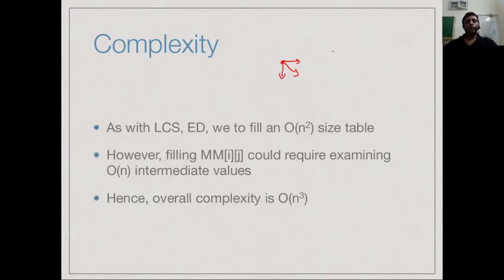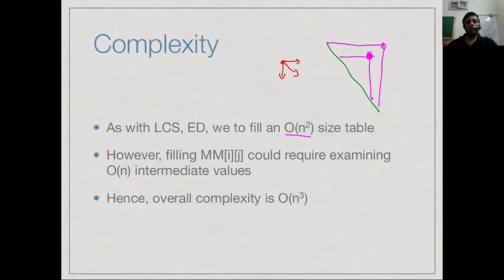Now here what happens is that when I'm above the diagonal at some distance, in order to fill this entry, I need to scan this row and this column, right? So the amount of time it takes to fill one entry in my matrix could be linear. In the extreme case, when I'm very far from the diagonal, I could be spending order n time to fill that entry. So each position could require looking at n intermediate values.